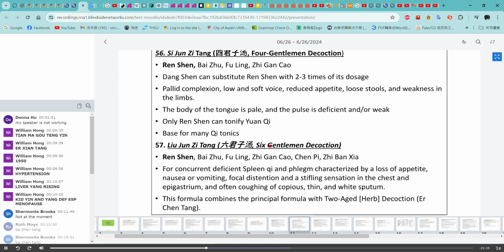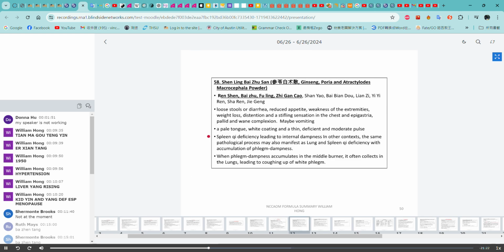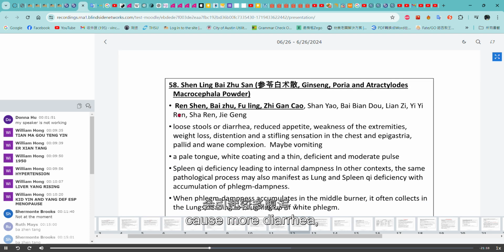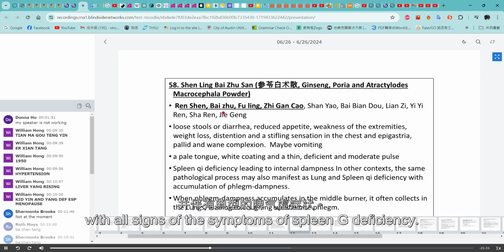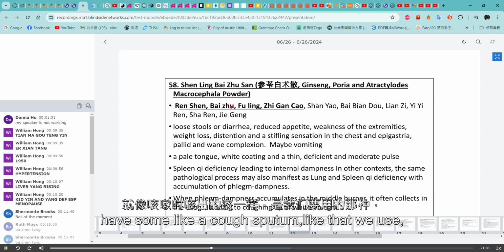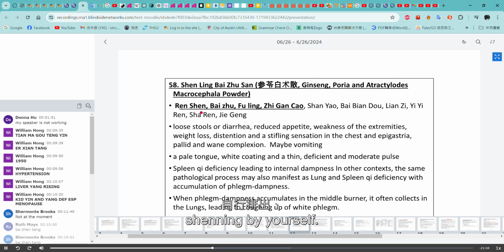There's another two, or Miao San. There's a lot, right? This is one of the Chan Tang. Another transformation is a dampness causing more diarrhea, with all signs and symptoms of spleen Qi deficiency, and also phlegm stored in the lung with cough and sputum, and we use Shen Ling Bai Zhu San.